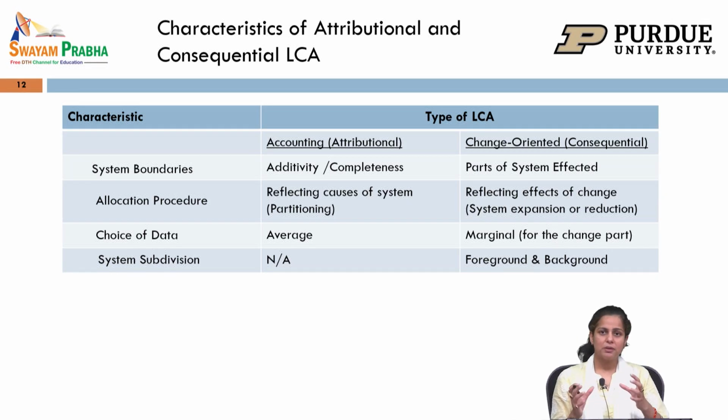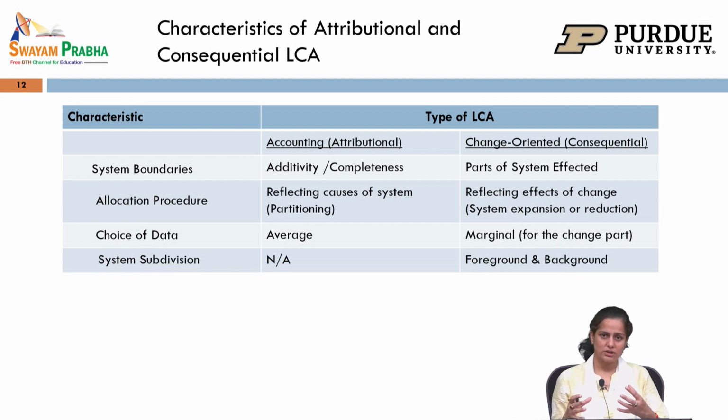The choice of data mostly in attributional LCA is average, and for change oriented it is marginal. And by marginal we mean that it is mostly the part that is affected and that is being changed that we include. System subdivision is another thing. In accounting we do not have any system subdivision characteristic, but when we go to the change oriented or consequential, we have foreground and background processes.